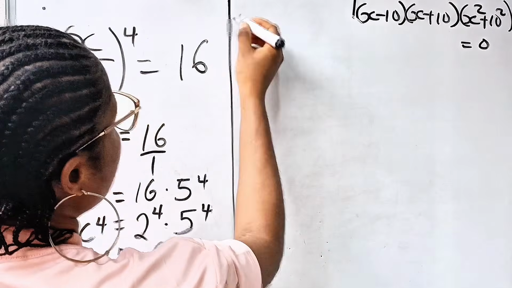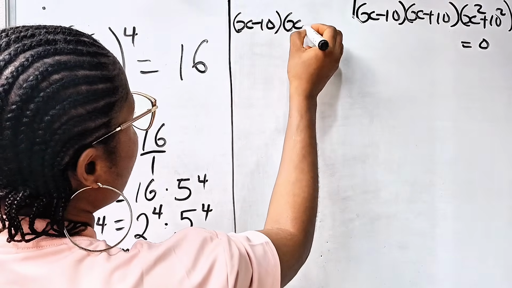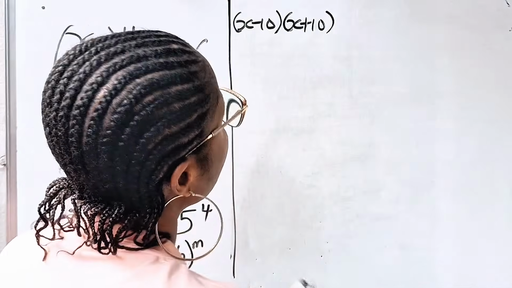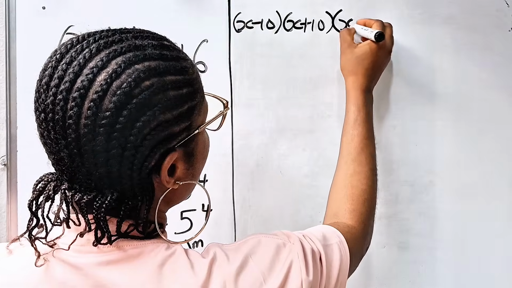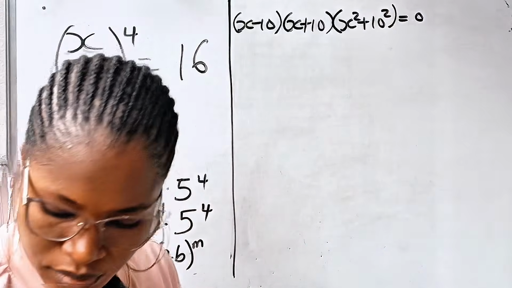Now let me rewrite this. I have (x minus 10)(x plus 10)(x^2 plus 10^2) is equal to 0.